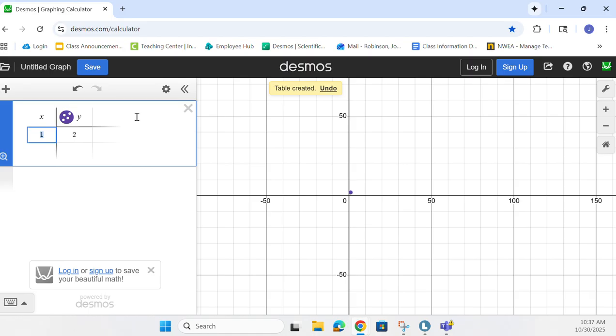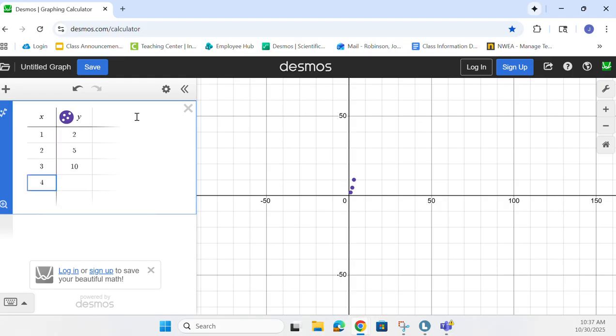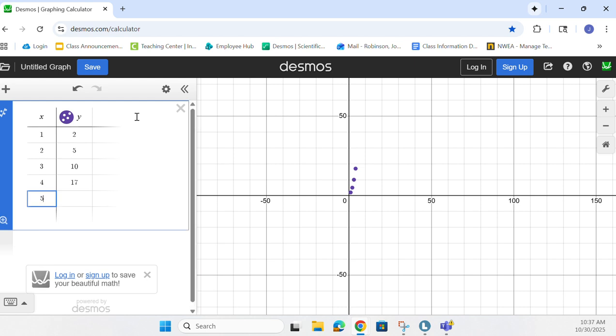Got that part? You're going to enter the other values into the table. That gives you the points.